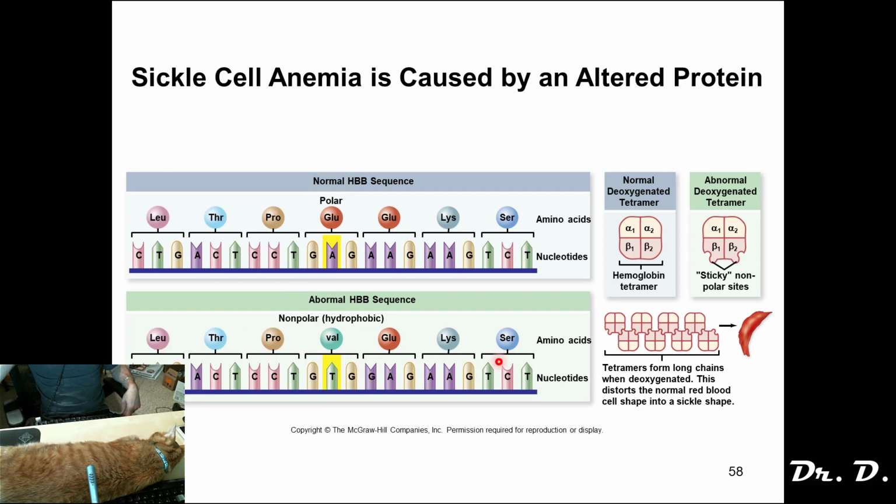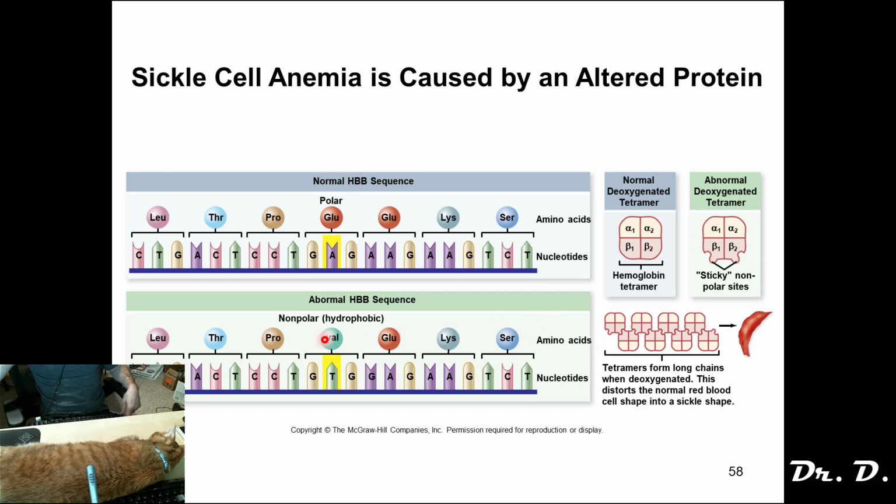This causes the beta hemoglobin to not fold correctly, and that's actually responsible for the concatemerization that happens between those hemoglobin quaternary structures, responsible for those exposed hydrophobic regions, responsible for sickle cell anemia.